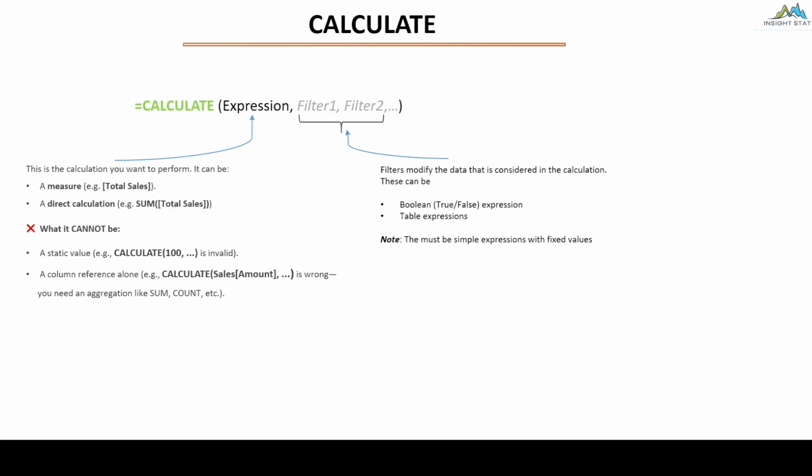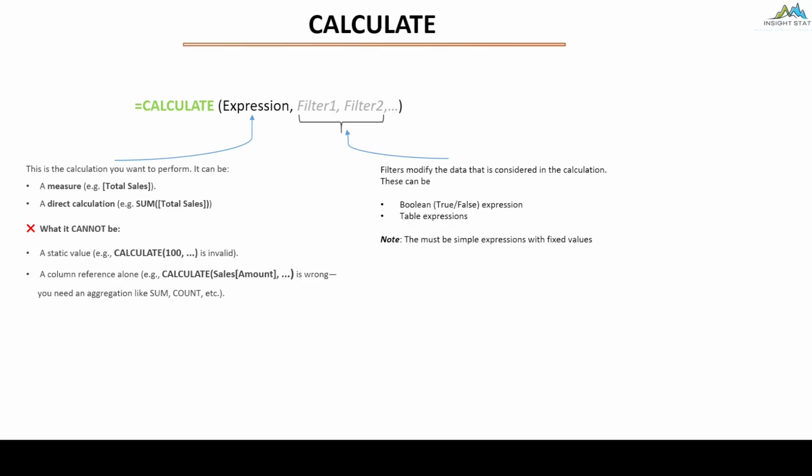These filters can be Boolean expressions or table expressions, but please always remember they must be simple expressions with fixed values. We will see an example of it, so don't worry. Filters can be one, two, or multiple, but filters are what give calculate its power.